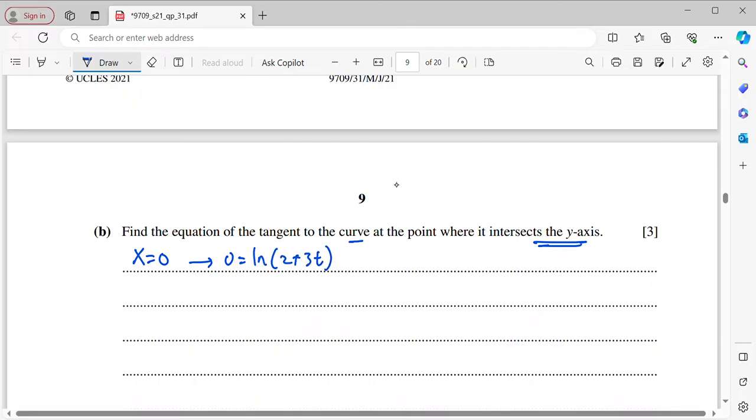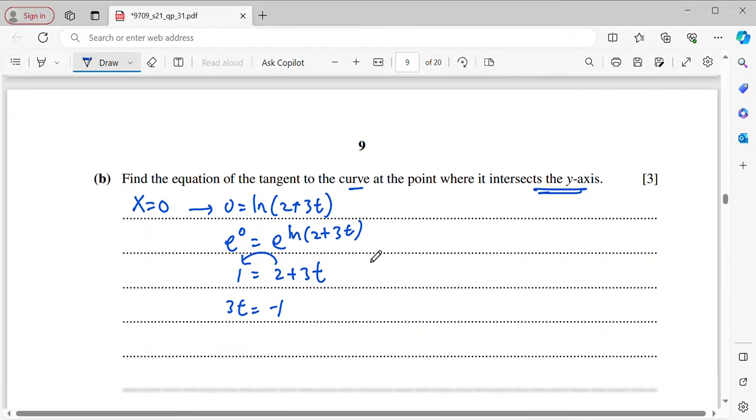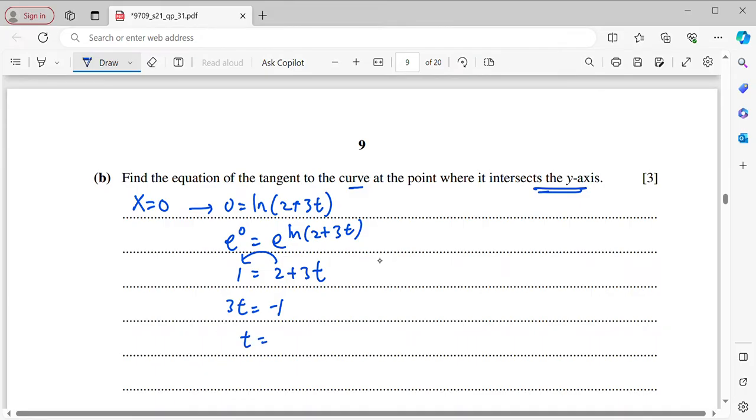To eliminate the ln, we take the exponential of both sides. So e to the 0 equals e to the ln(2 plus 3t). e to the 0 is 1, and e and ln just cancel off, so I get 2 plus 3t. So that means 3t is minus 1 because I moved the 2 to the left side, becomes minus 2. So at last, t is minus 1 over 3.